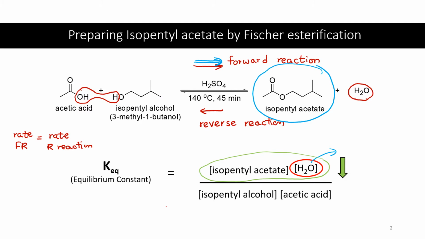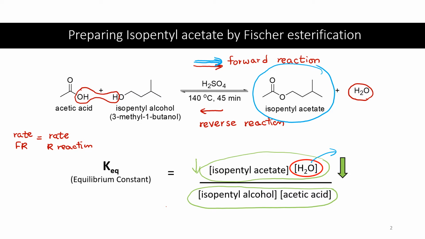So the change we introduced here is removing the water, which causes the product between these two to become low. So to keep the equilibrium constant, the product of these two should go down as well. That means the forward reaction is favored.